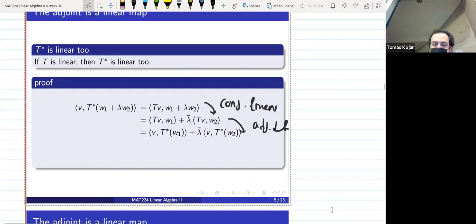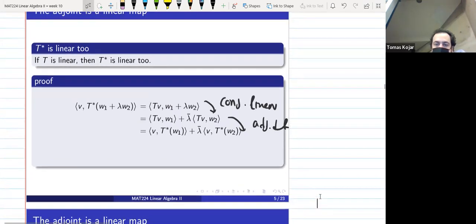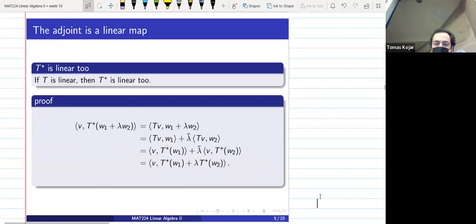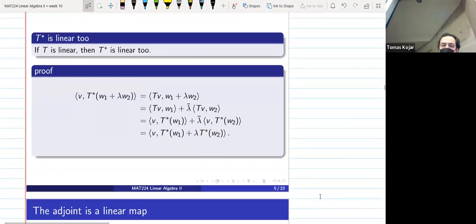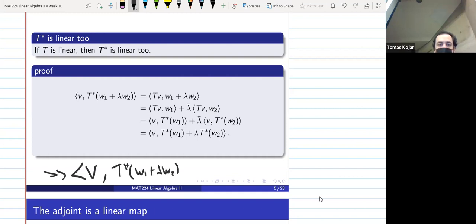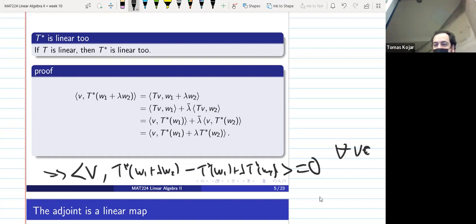And then you put it back together. And what did you show? You showed that for all V, you have T star (W1 plus lambda W2) minus (T star W1 plus lambda T star W2) paired with V is 0, for all V in the space.